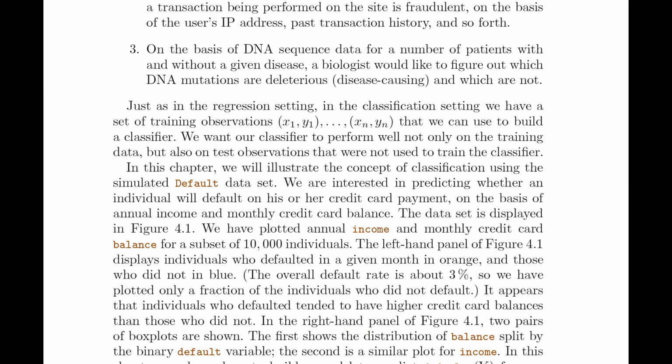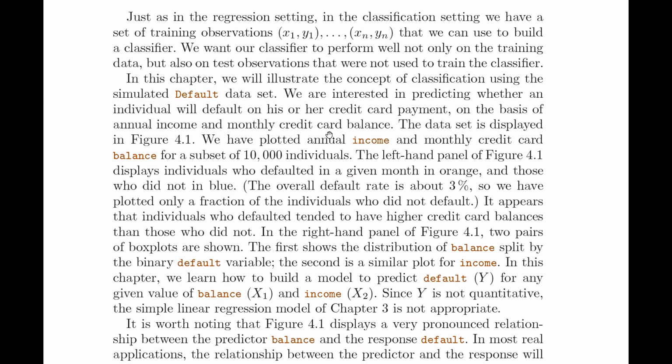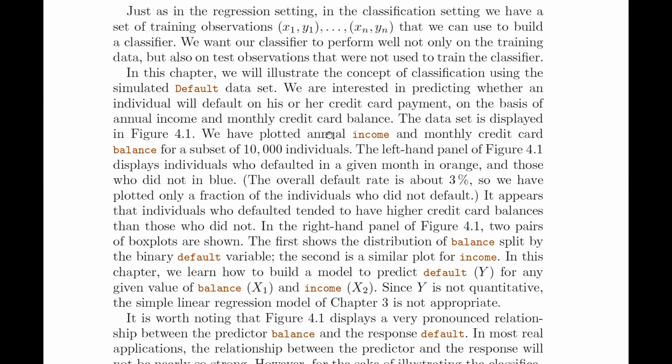Hopefully we've developed better intuition on how to organize the information and the information flow throughout the generic modeling process. And every model really starts from the data, from the training set of observations. Just as in the regression setting, in the classification setting, we have a set of training observations.